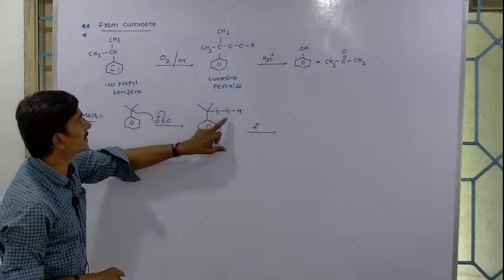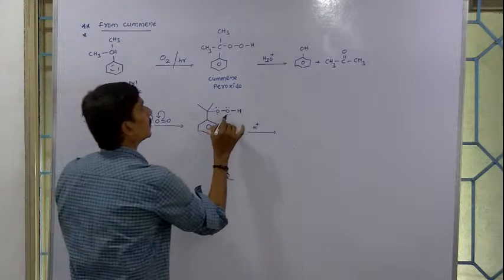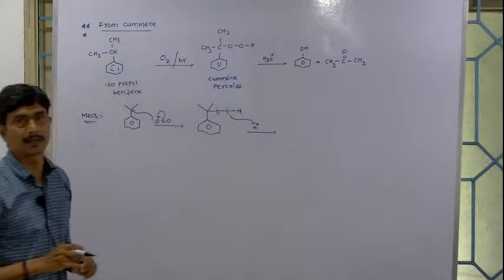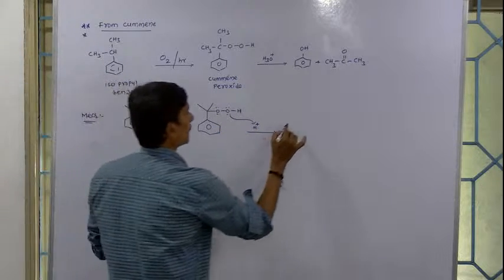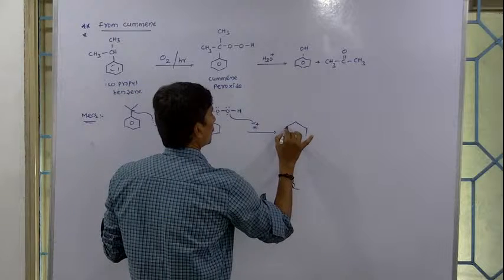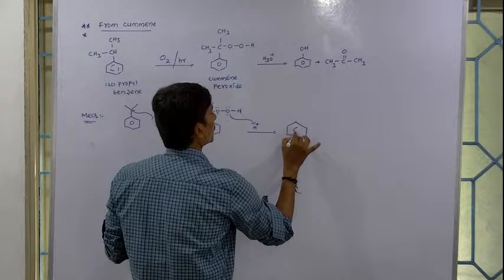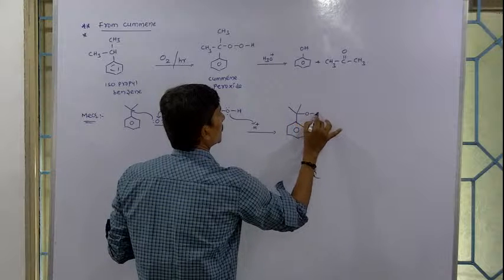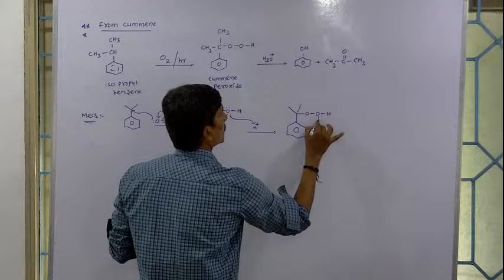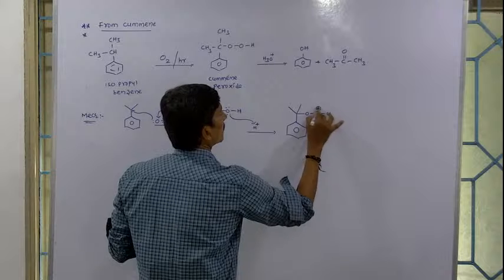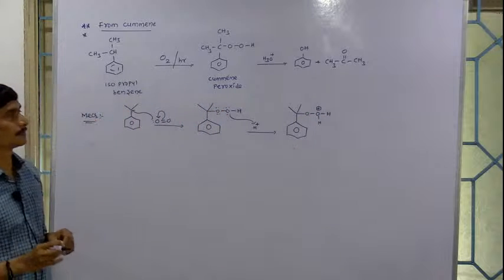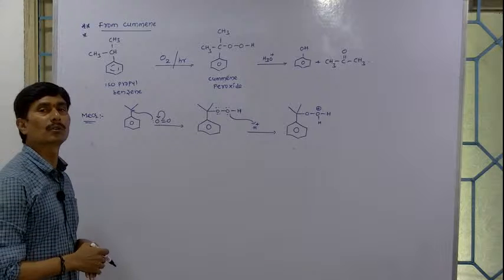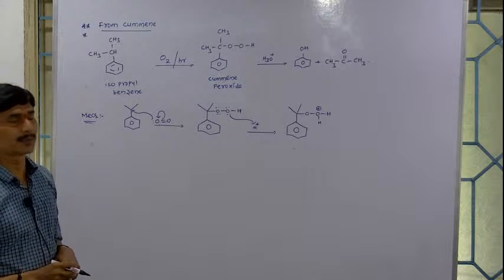So basically, this oxygen atom's lone pair is donated to the vacant orbital of the H plus ion and gets protonated, having a plus charge. Now it has become a water molecule so that it is easily removed in the form of H2O.